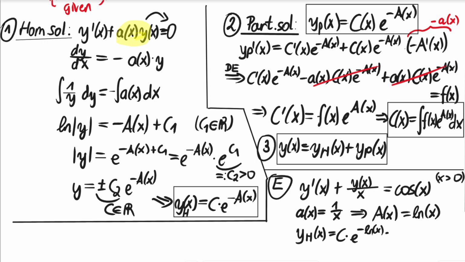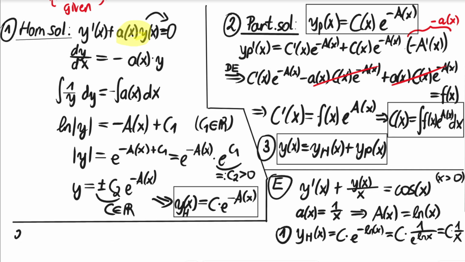And you can simplify it a little. So this is c times 1 over e power ln x to get rid of the minus, and then e power ln cancels out to just x. So we have c times 1 divided by x. So this essentially was the first part.